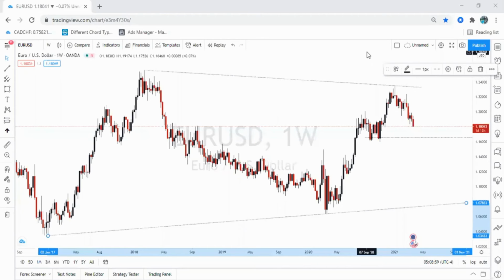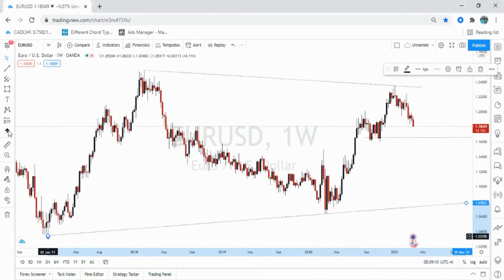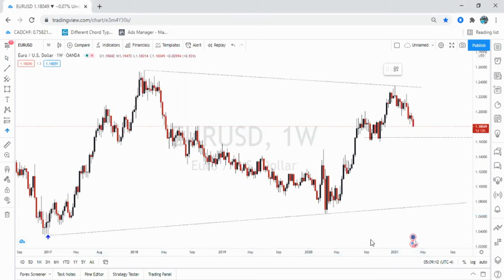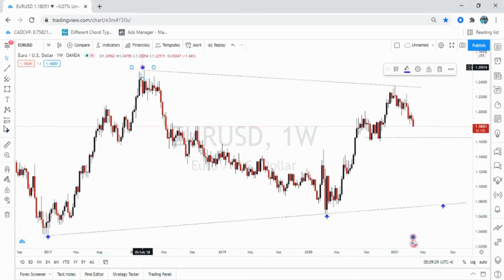So yeah, assuming that we've taken into consideration the bias from the monthly, this is what we see on the weekly. First touch, second touch. Now we should be waiting for a third touch. First touch, second touch, right?